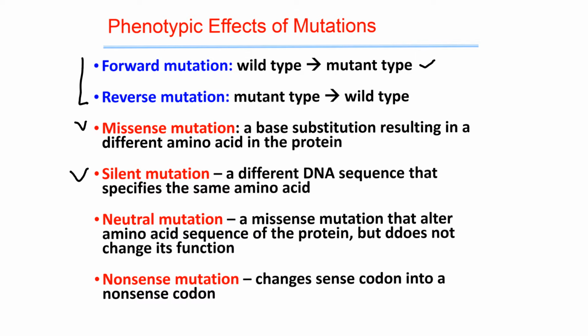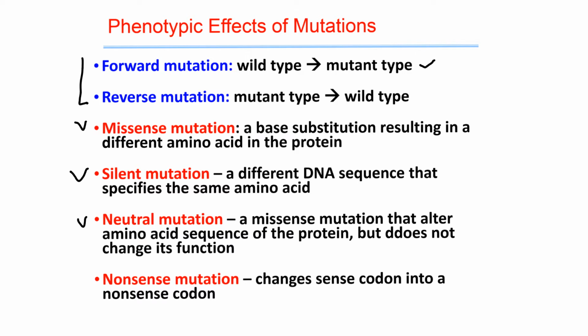A silent mutation changes the codon, however, it's a different codon for the same amino acid, so the different DNA sequence will result in the same polypeptide, so the amino acid incorporated in the polypeptide will not be changed.